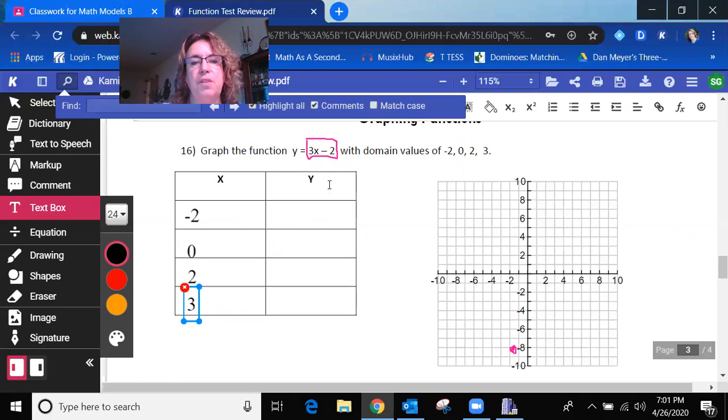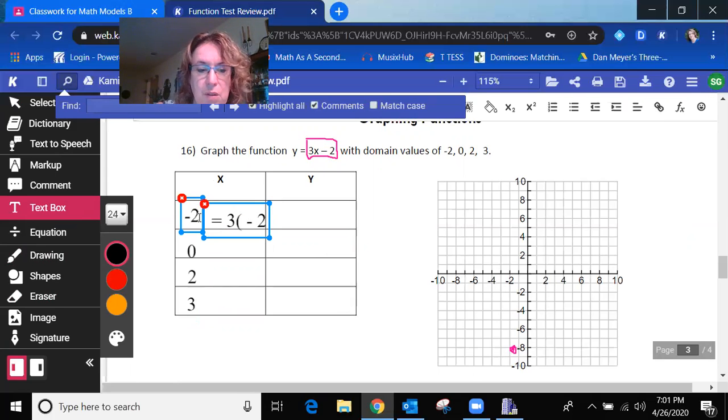So now to figure out the y, I'm going to take that -2 and use the 3x minus 2. But instead of the x, I'm going to take the x out and put -2.